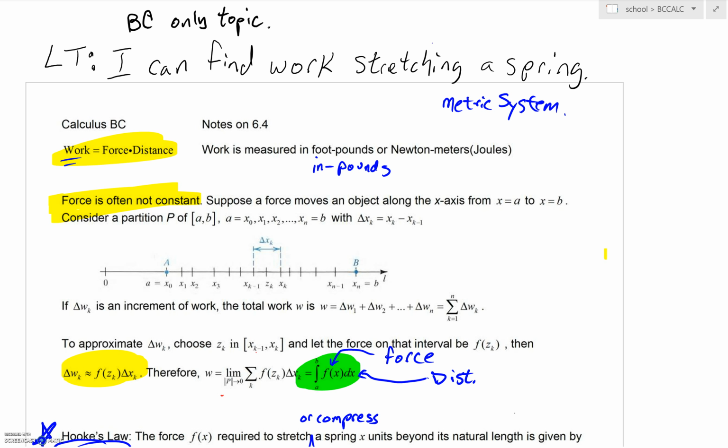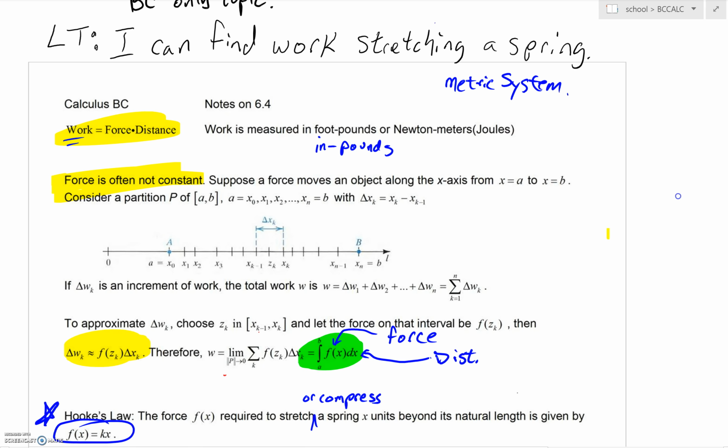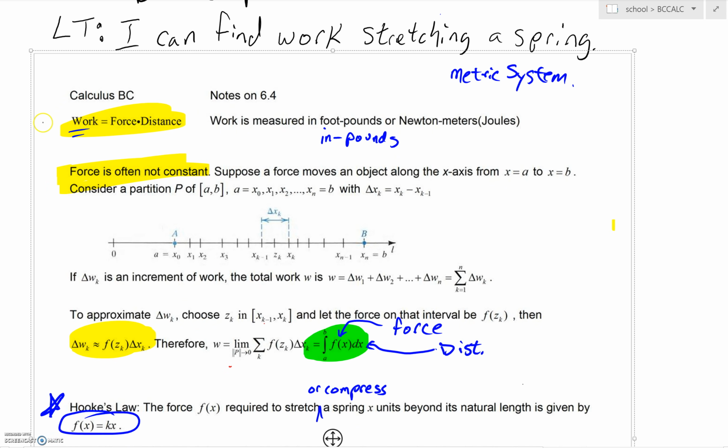But let's take a look at this learning target. I can find work stretching a spring here. And if you've done this in physics, calculating work, as you can see up in this top left corner, is very simply a measurement of force times distance.